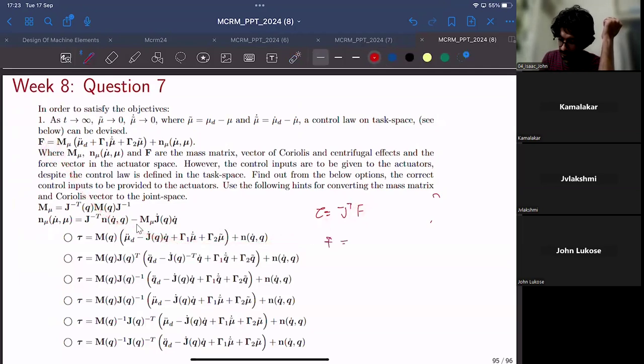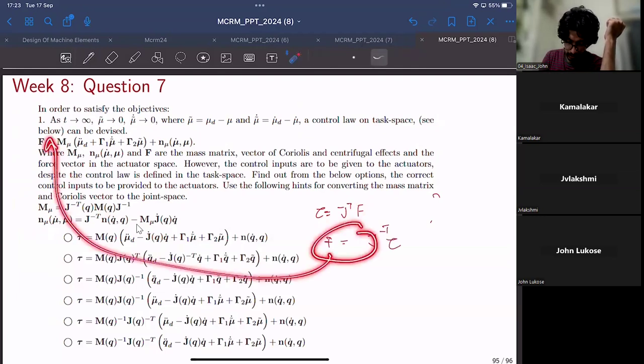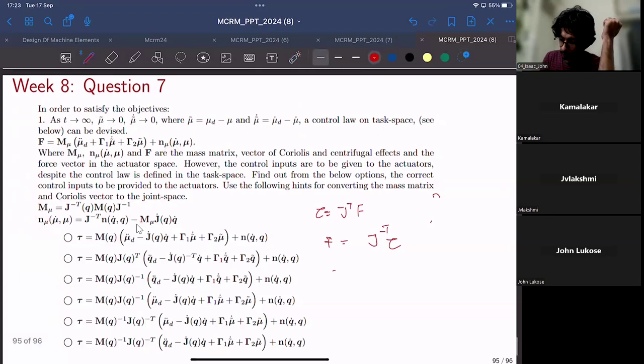So F becomes J inverse transpose tau. If you substitute this here, and this equation here, and this equation here, you will be able to obtain the control law tau in task space, sorry, in joint space.